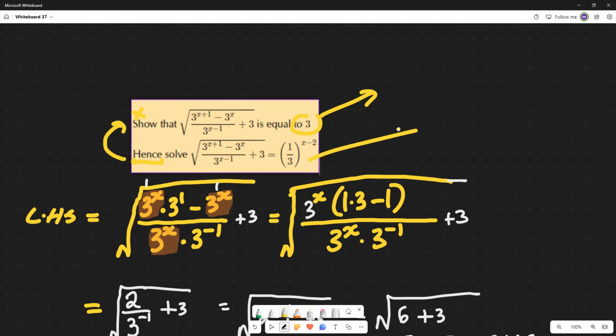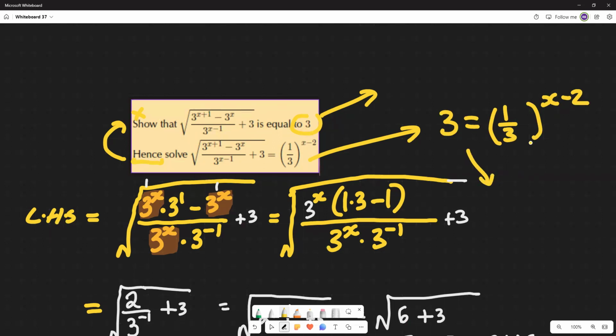So for this one now I have 3 equals 1 over 3 to the power x minus 2. All right. And then we're going to have 3 equals 3 to the power negative 1. Remember here it's 1. I'm taking it up now. It becomes negative 1.